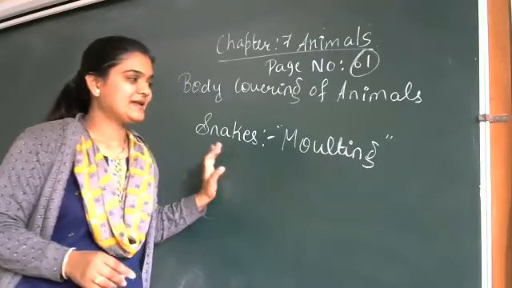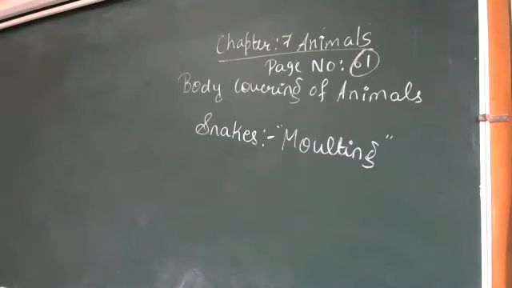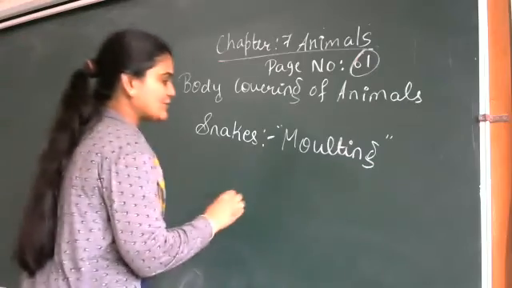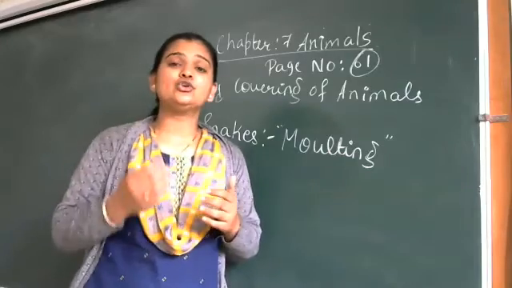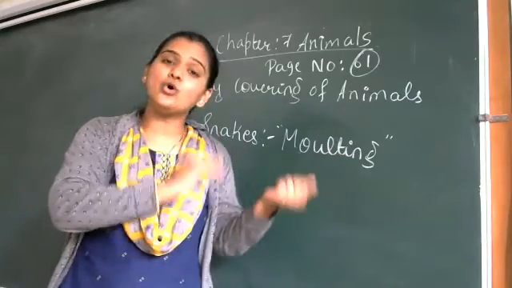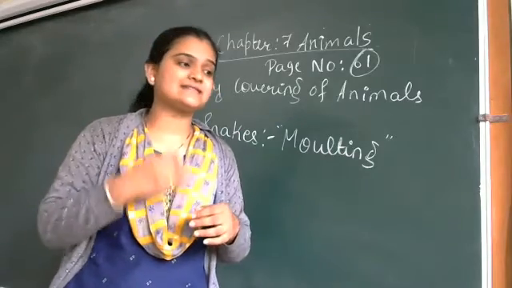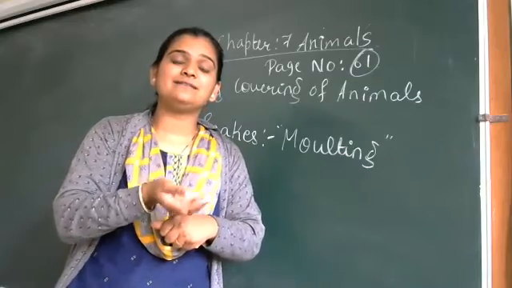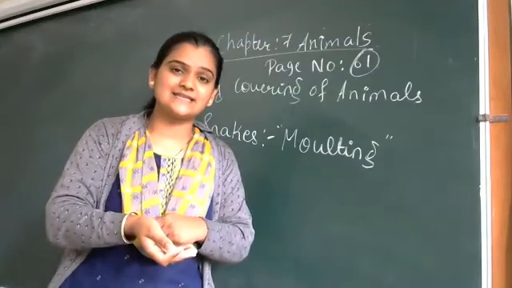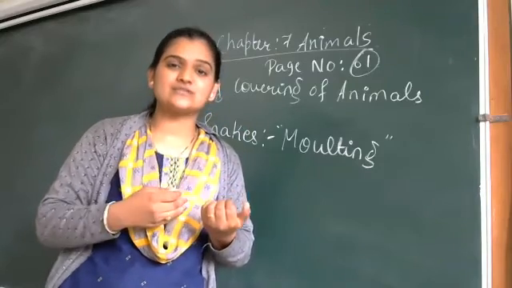Snakes have the ability to shed their old scaly skin, and they will acquire what? New scaly skin. They will leave out the old scaly skin and replace it with the new skin.